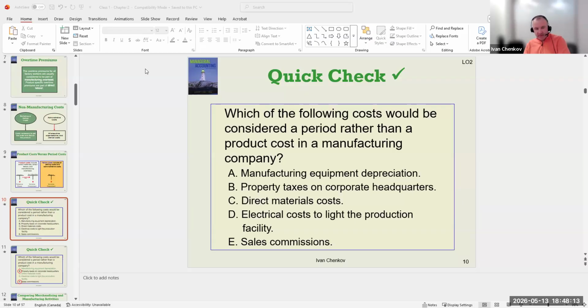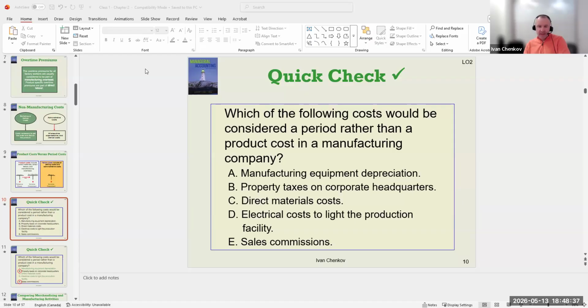Product cost. Since we know the product has direct material, direct labor, manufacturing overhead, which one will manufacturing equipment depreciation be? Is it going to be direct material? It's depreciation, so it's going to be manufacturing overhead, correct?